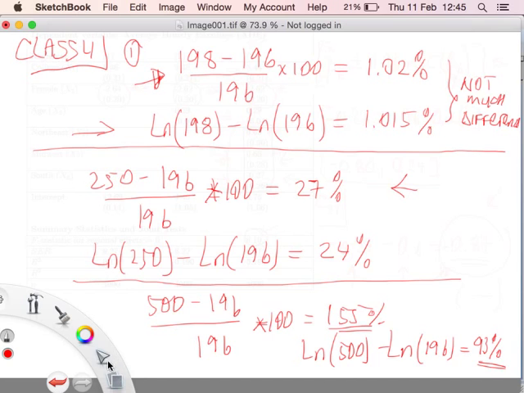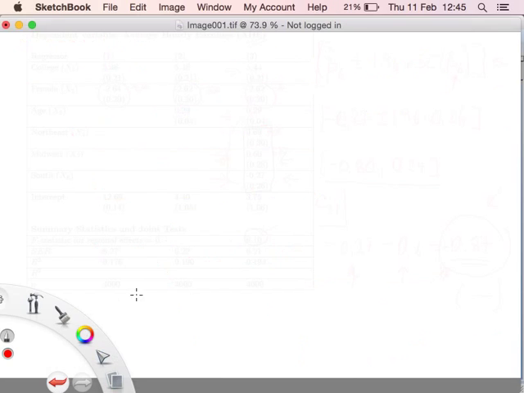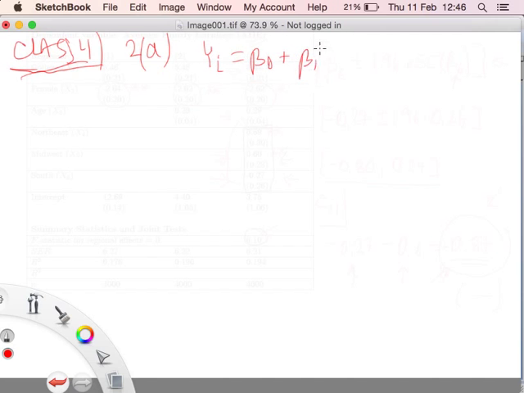Okay, let's go to the next one now. A says we have a model here. Now we need to do a t-test on this hypothesis.